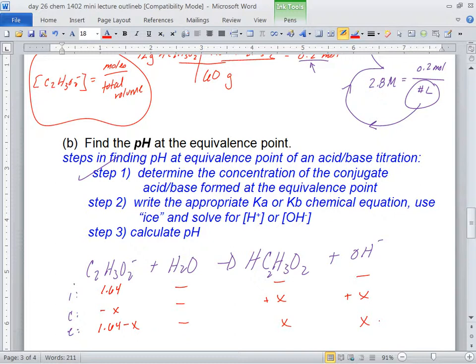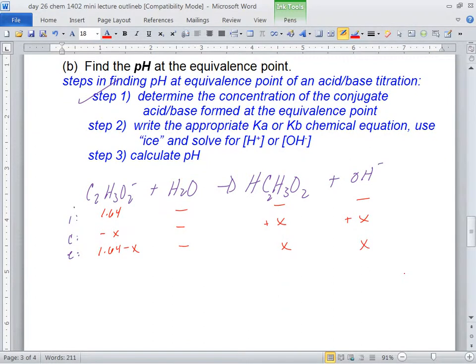But then what do we do, Kendall? Yeah, the Kb equation, right? But what would that be? Kb is going to equal H3O plus... oh, it's negative, yeah, and then over C2H3O2.